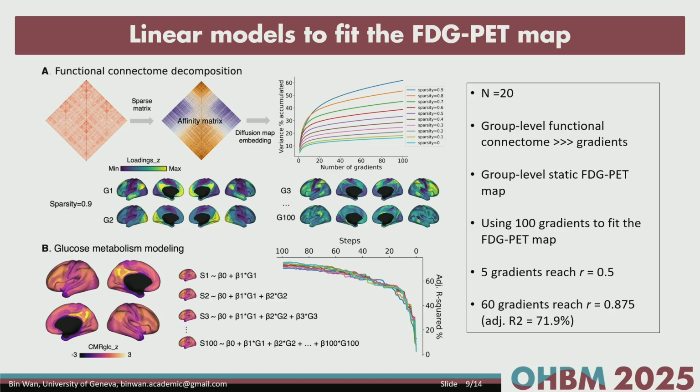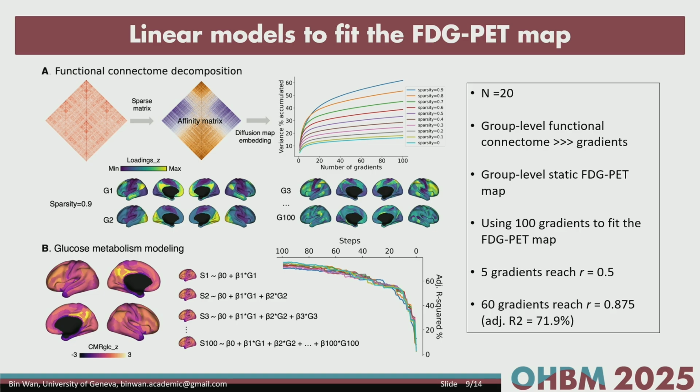Then we use diffusion map embedding to calculate the low-dimensional gradients of the matrix. We use different parameters like the top 10%, sparsity equals 0.9. Here we show the group brain patterns of sparsity equals 0.9, which is 10% of the functional connectivities.